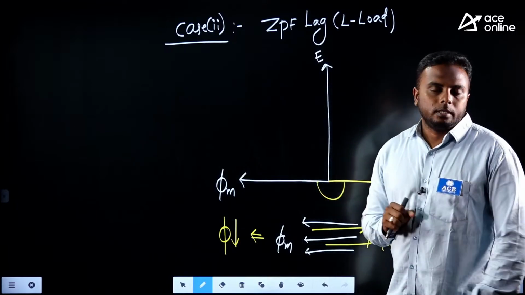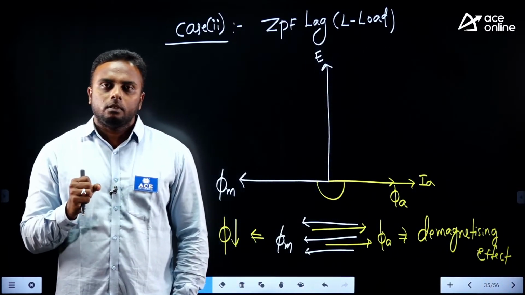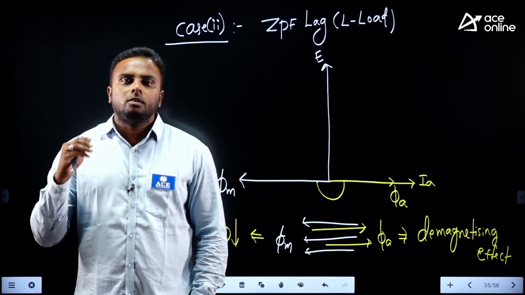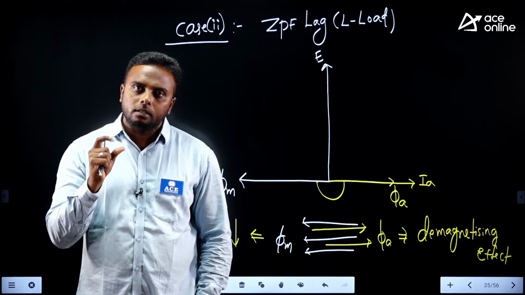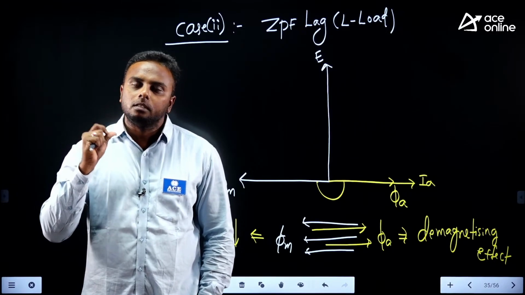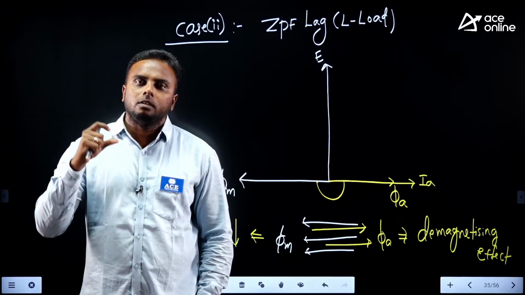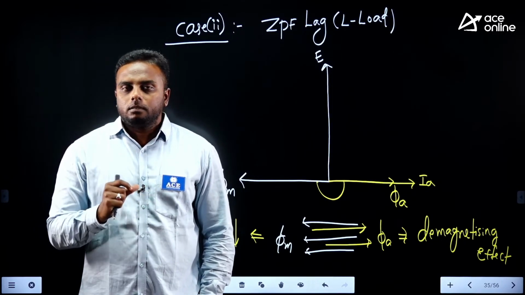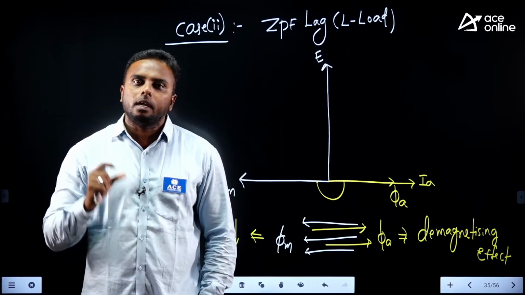Particularly if you talk about the alternator, as some of the flux is reduced, the EMF of the alternator slightly drops. So this drop we consider as the drop due to armature reaction. We represent this drop due to armature reaction in the form of reactance. That is the armature reactance drop, we call it IA XA drop.